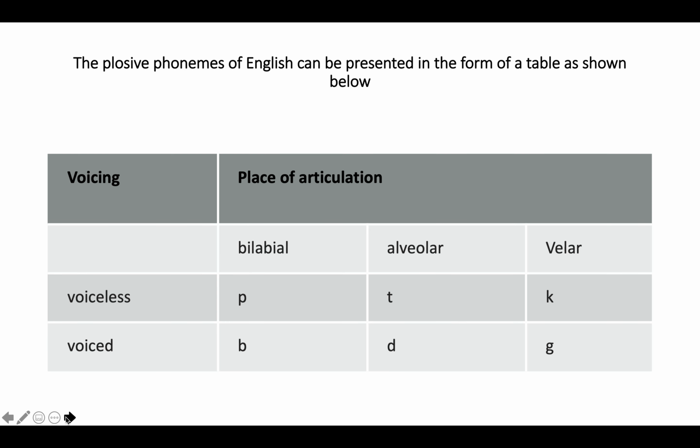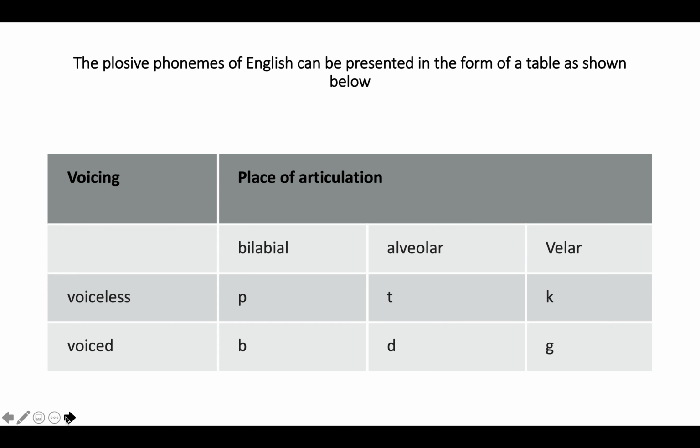So the plosive phonemes of English can be presented in the form of a table as shown below. All these 6 phonemes are plosives. I mean p, b, t, d, k, and g are called plosives according to the manner of articulation. According to the voicing, we can also divide the plosives into voiceless and voiced consonants.